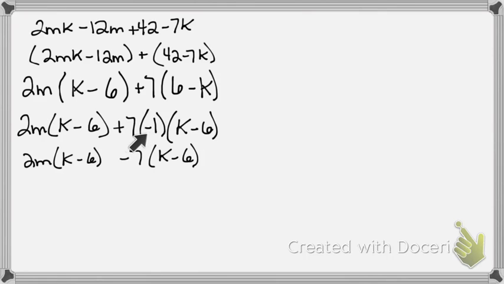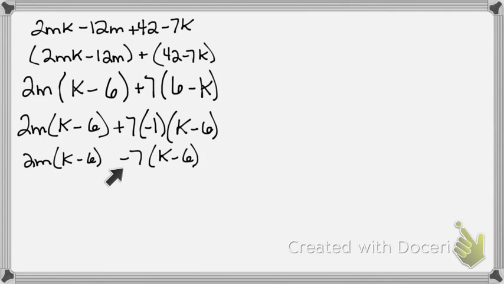Or you need to factor out a -1, because if it's a positive to begin with, it becomes negative. But if it's a negative to begin with, it becomes positive. Okay. So all I did essentially was change the sign of this 7. This positive 7 becomes a -7.